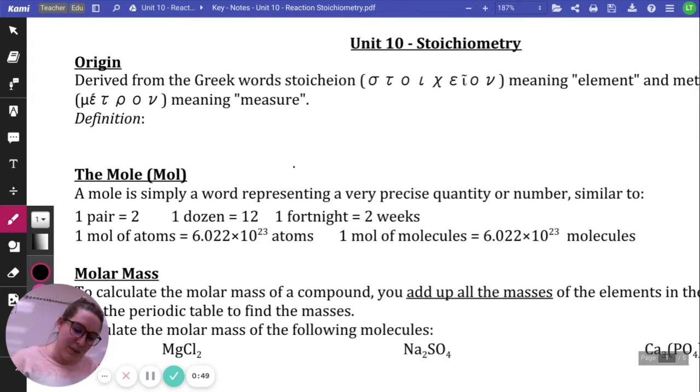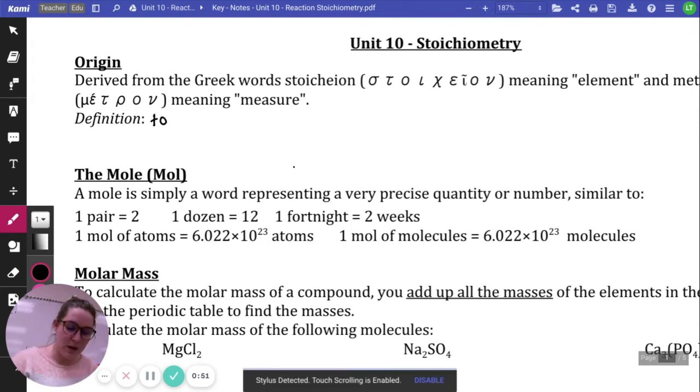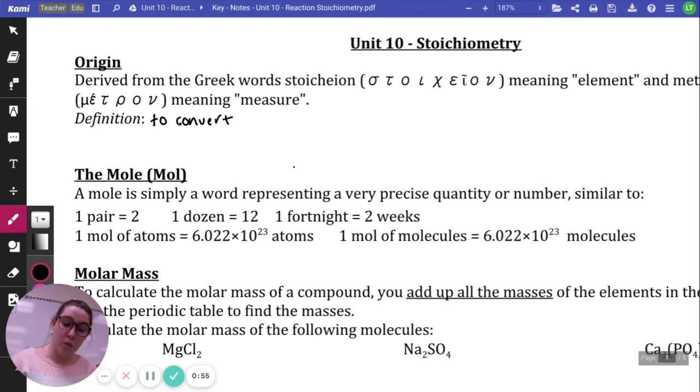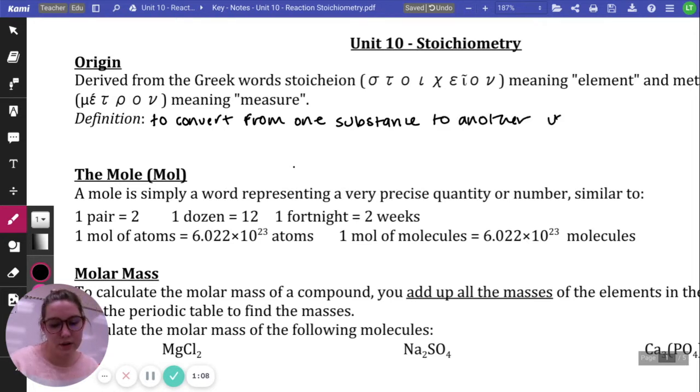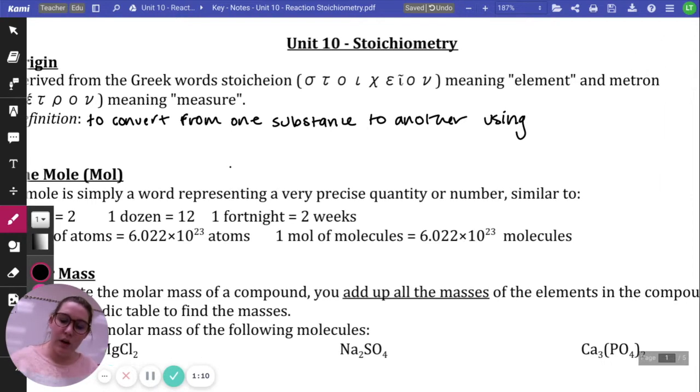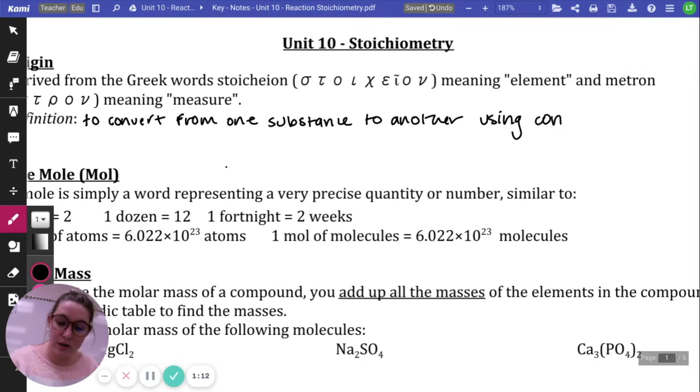But really, what's happening in stoichiometry is we are going to convert from one substance to another using conversions. And we are going to start by reviewing a couple of those conversions.